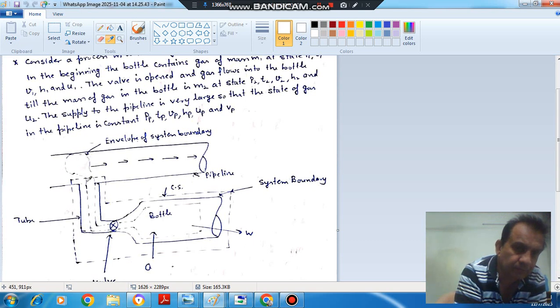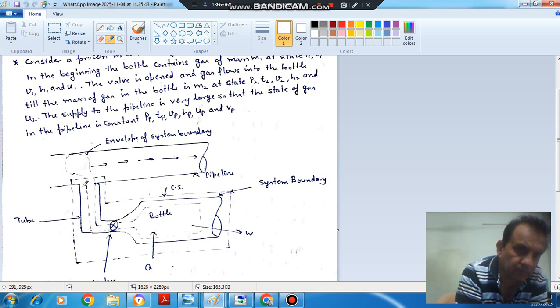This can be solved by two techniques: the system technique and the control volume technique. In the control volume technique we take this control volume, and this is the control surface. In the system technique we take the envelope, and this is the system boundary. This mass is entering the system.